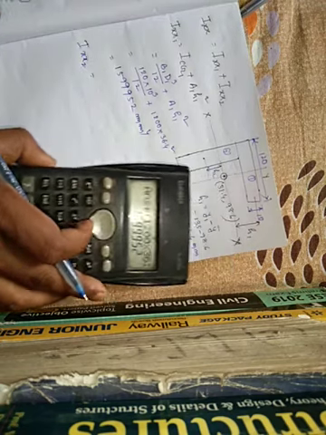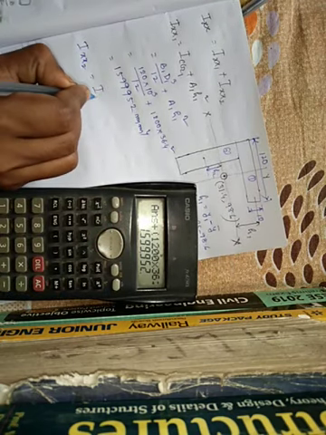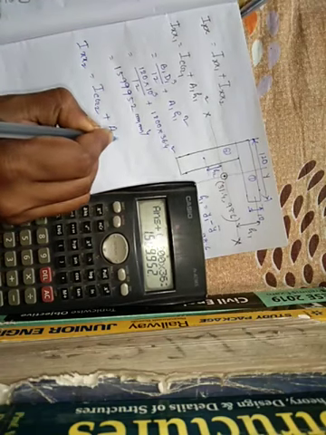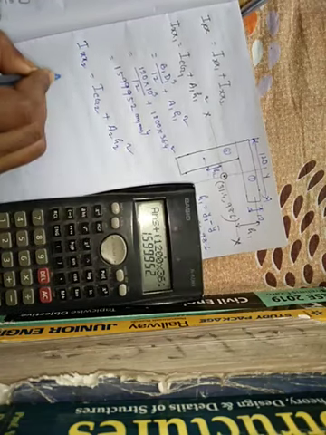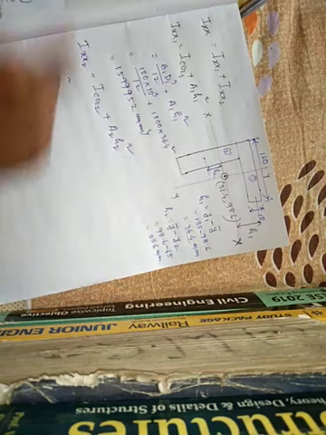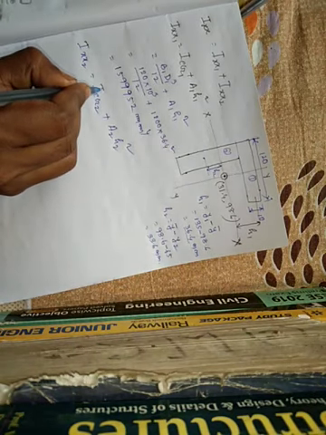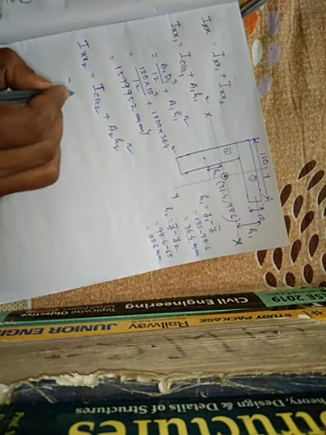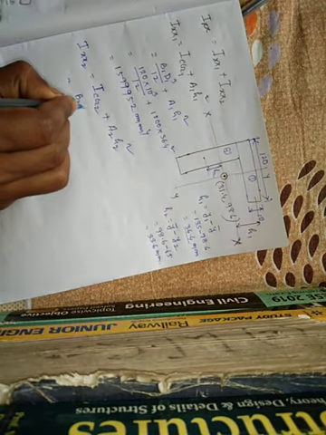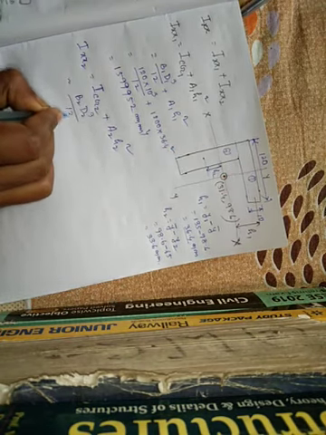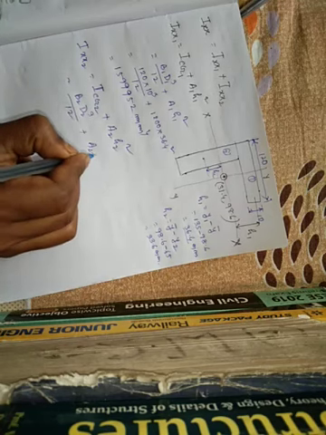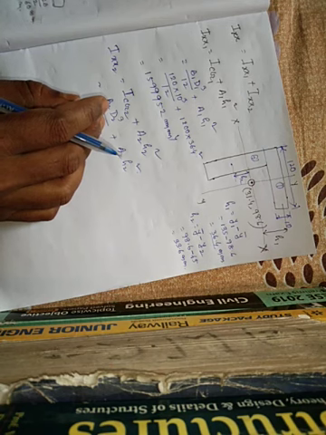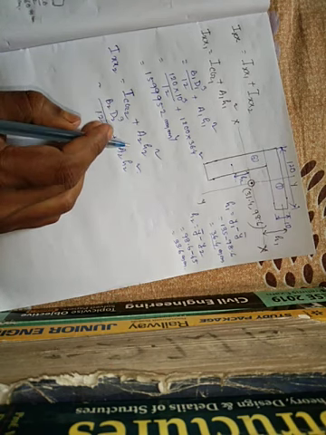For section 2, it will be I2 plus a2 into h2 square. Moment of inertia about the CG of this rectangle section is b2 into d2 cube divided by 12 plus area of section 2 into h2 square. What is b?